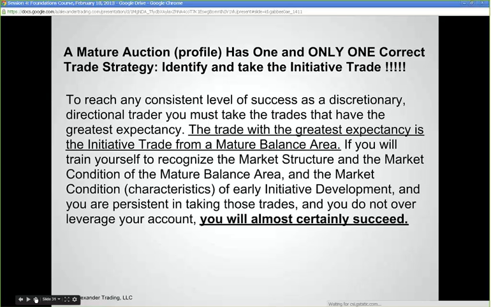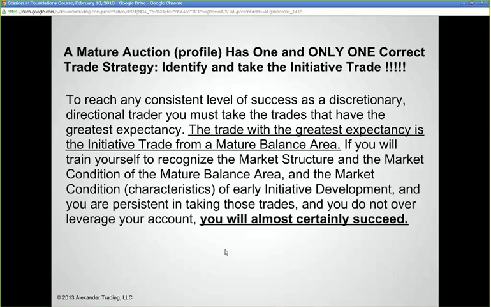So this trade is so important. This is the trade that I was talking about earlier, where if you will train yourself to understand the basis for the trade, to recognize the trade when it sets up, and the setup is a mature balance area.